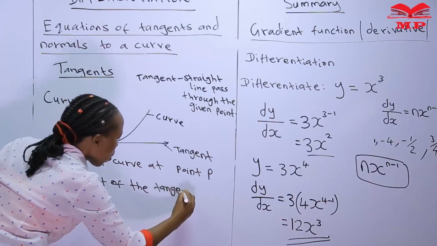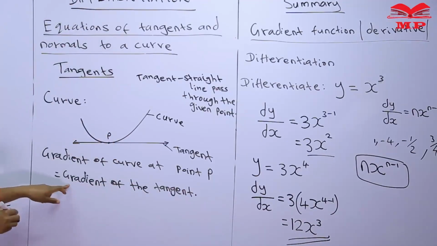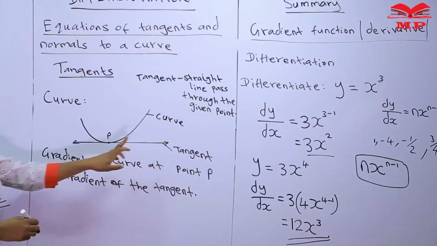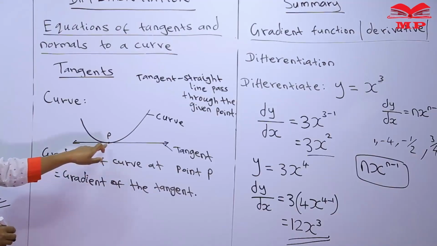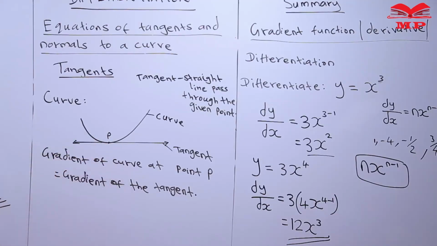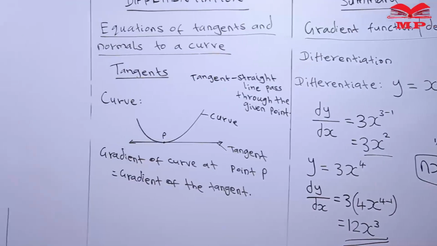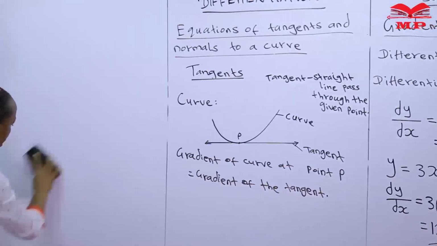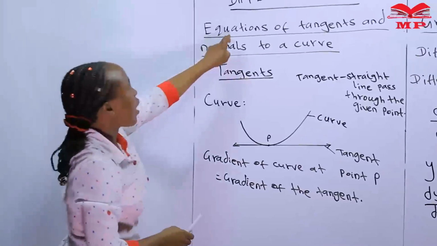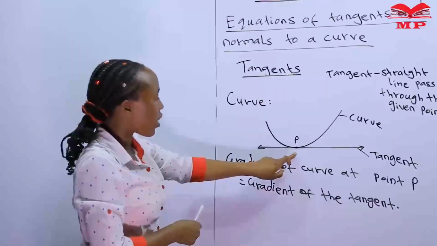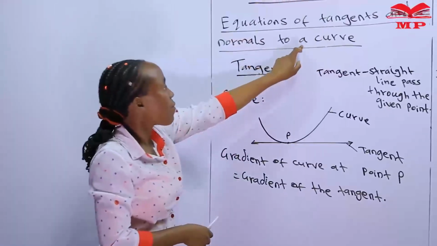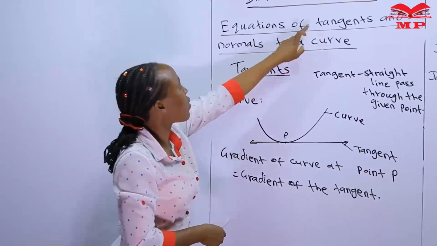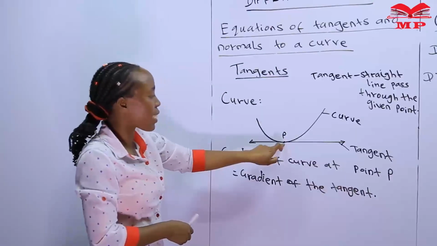By getting the gradient of this tangent, we'll be in a position to get the gradient of the curve at that point P. So we can do some examples on how to get the equation of the tangent to a curve at a certain point.